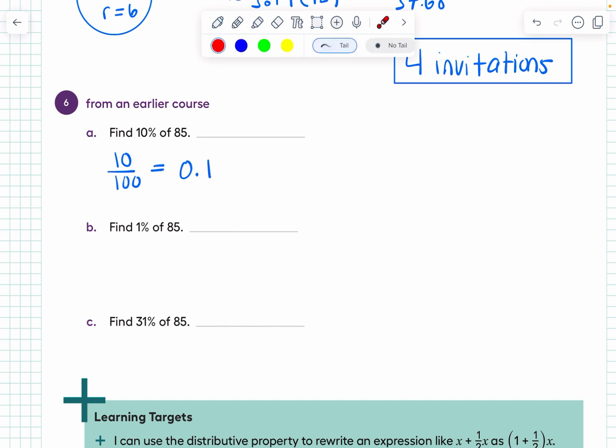Please understand that of means to multiply. Whenever you see of, think of multiplication right away. So we're going to do 0.1 times 85, and 0.1 times 85 is simply 8.5.